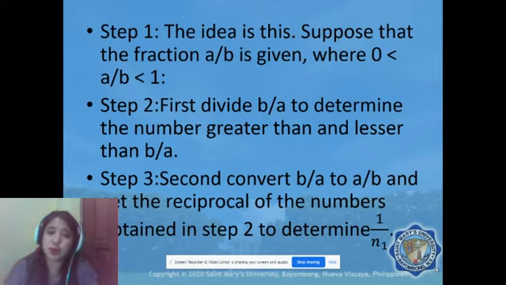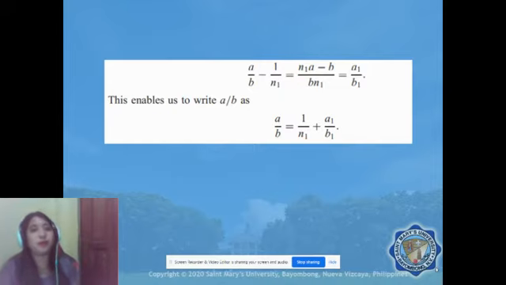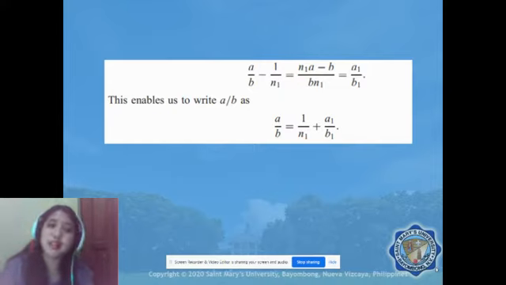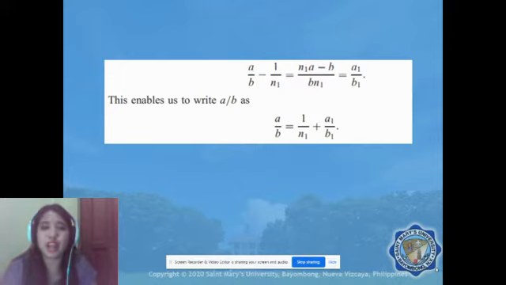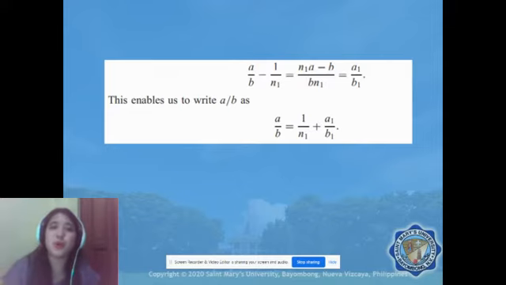Our objective is to come up with our 1 all over n sub 1, because this 1 over n sub 1 will be deducted from our a over b to come up with a sub 1 over b sub 1. According to the Fibonacci method, this leads to 1 over n sub 1 plus a sub 1 over b sub 1, which is the equivalent value of a over b.